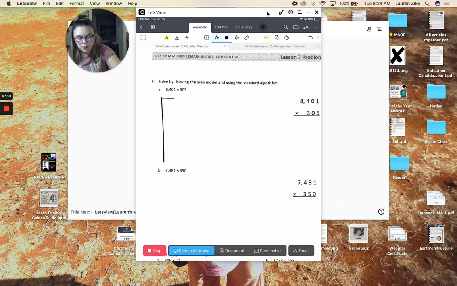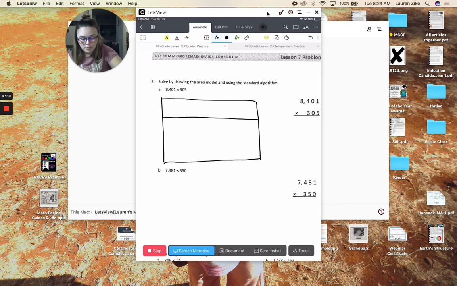So we need to make sure that our box for our area model is going to be big enough. So I'm going to put my 3-digit number on this side since I don't have as much room going this way. And my 4-digit is going to go along the top.